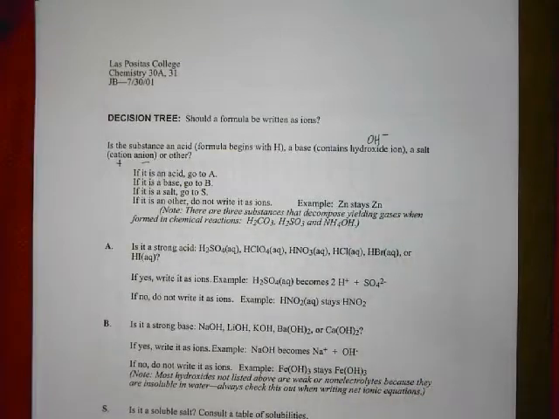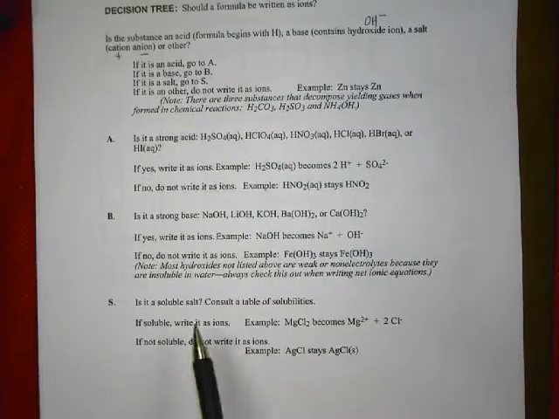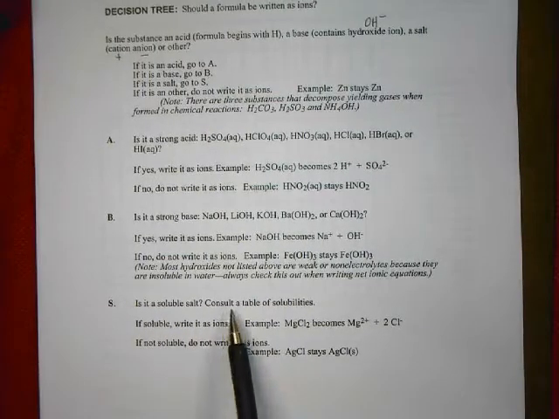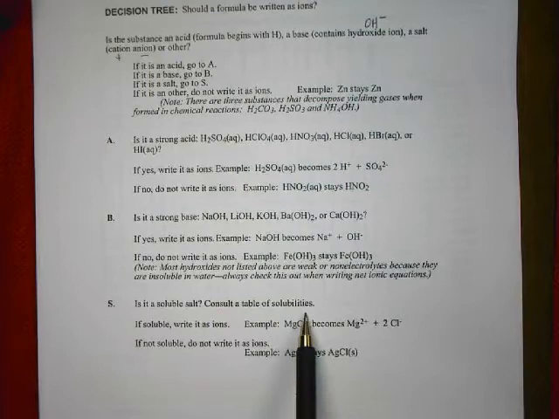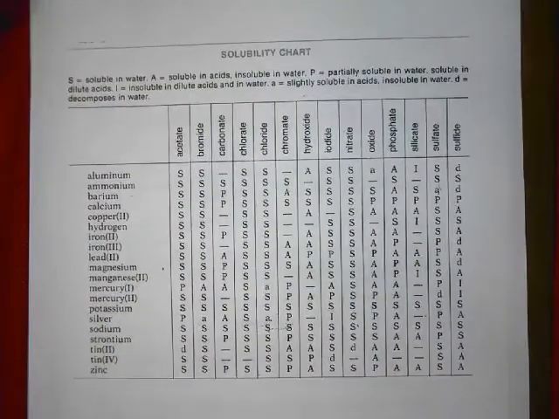If it is salt, we go down to S here with our soluble salts. We have to look at what is called a table of solubilities. And that is on the back of our decision tree. So let's turn our paper over. And if we look, here we have a solubility chart. With this solubility chart, it tells us whether a salt is soluble or insoluble.